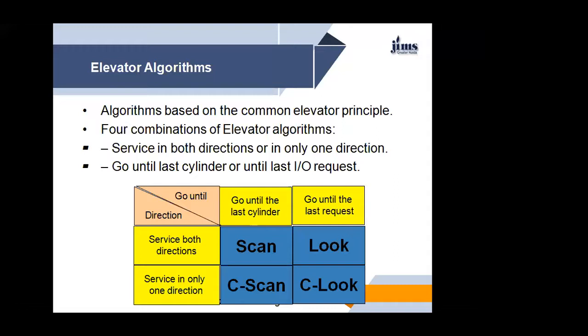So you should know the difference. In SCAN, we go until the last cylinder in both directions. In LOOK, go to the last request in both directions. In C-SCAN, go to the last cylinder but in one direction, and in C-LOOK, go until the last request in one direction.